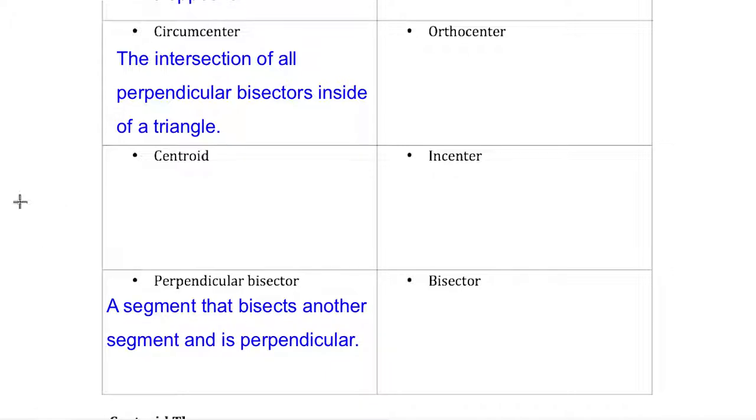So if I have two segments, there's one, and there's another one, this would be a perpendicular bisector as long as this segment here is bisected and these two are perpendicular. That is a perpendicular bisector.